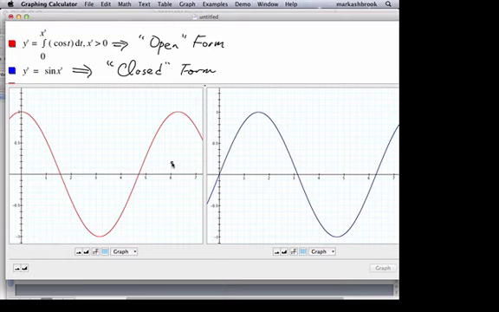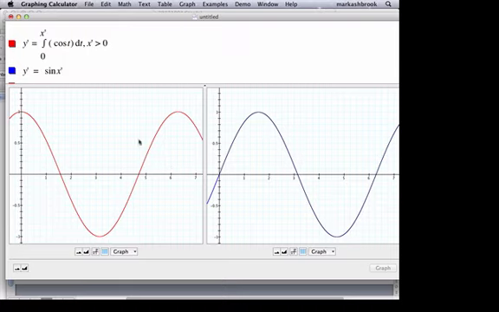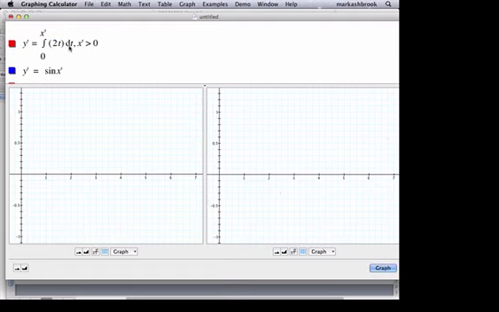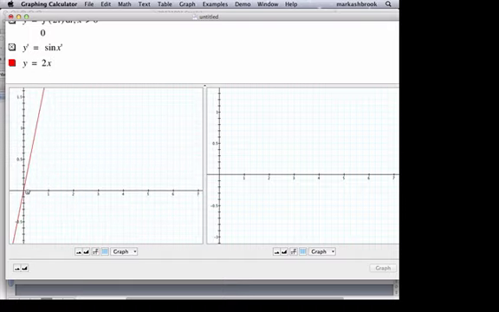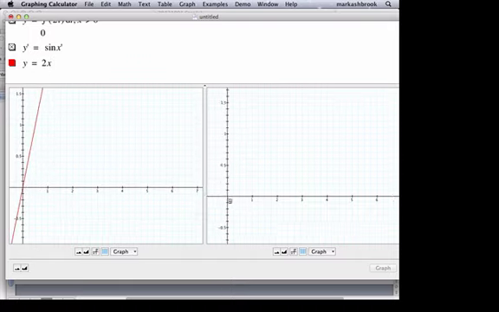Okay, so remember the rocket basketball. What was our rate function for the rocket basketball? 2t. So I'm going to graph 2t over here, or 2x. Okay, so here's rocket basketball.